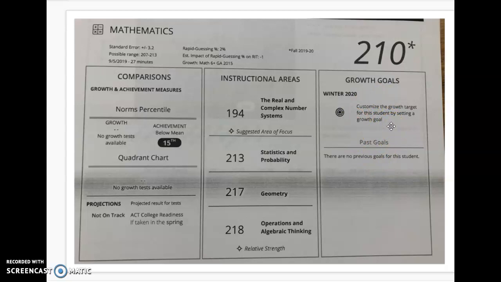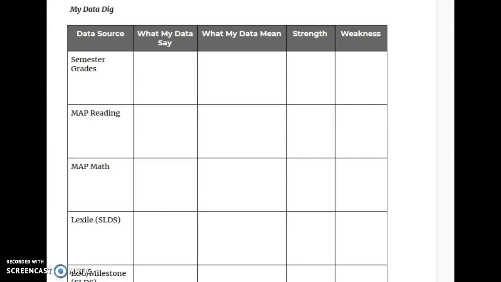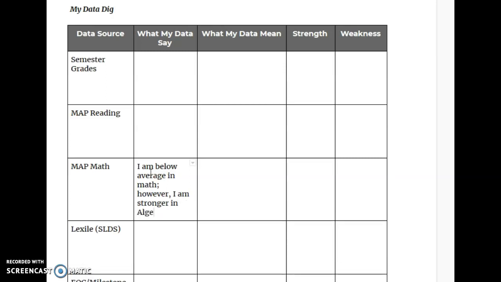So basically what we would do for this student is we would come back over here to the data dig, and this is what the data say. I am below average in math. However, I am stronger in algebraic thinking.